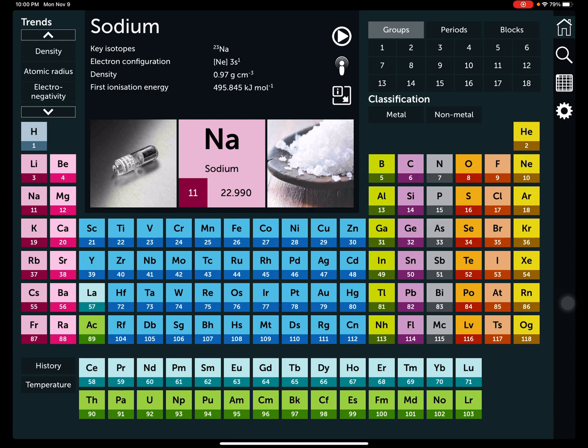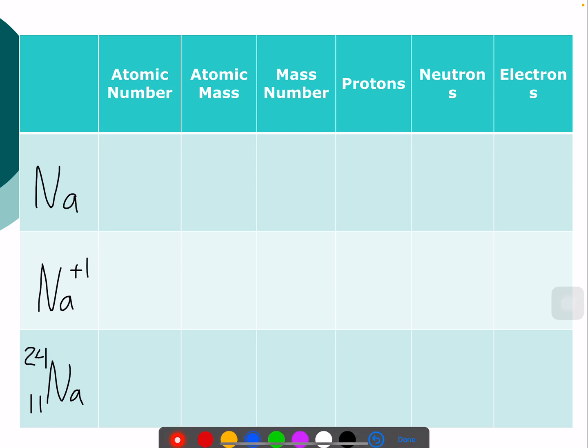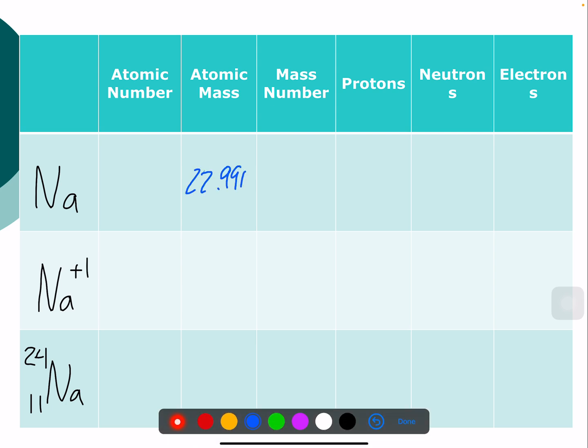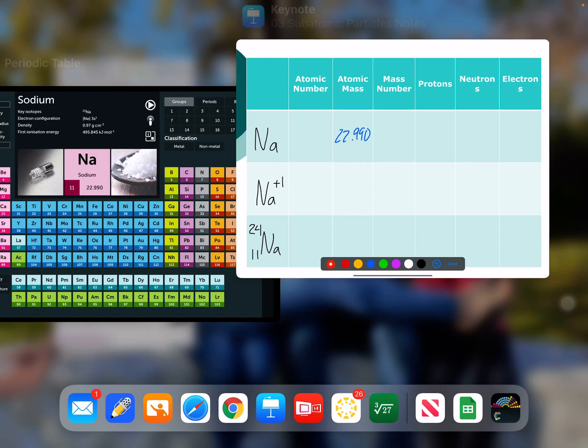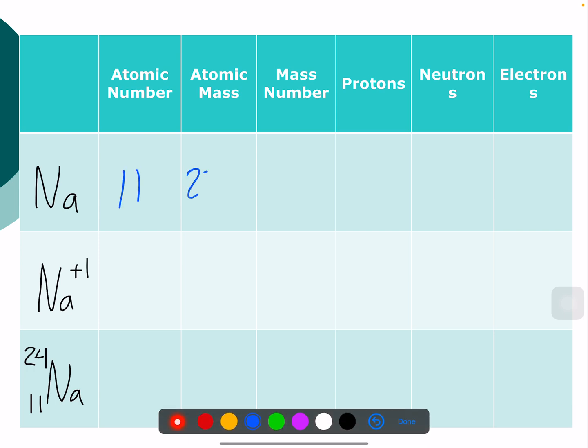Now, the atomic mass, that's this 22.990. I'm just going to copy that right from the periodic table. What did we say our number? Sodium is 11. So 11, 22.990. We had 11, 11.